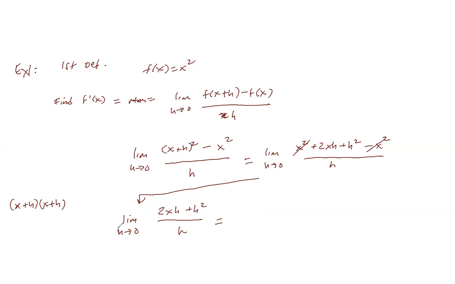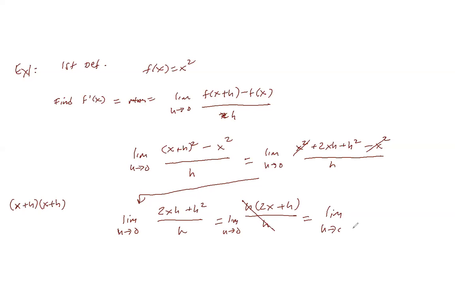Obviously, if you were to try and plug in this value now to solve the limit, it's still going to be undefined. Usually that occurs by factoring an h out of the top, which I believe we're going to be able to do here. Notice that we'll have h pulled out of the top would give us 2x plus h all over h. This is still the limit as h approaches 0. Those h's are going to cancel.